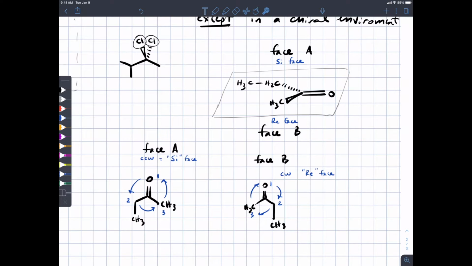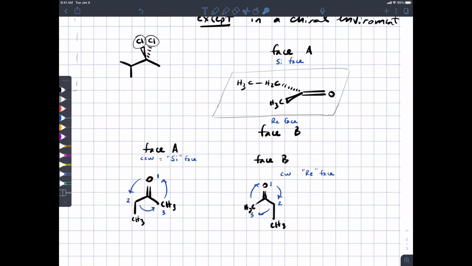Well, if we delivered a hydride from the top, that hydrogen would be pointing out at us, the oxygen would be pointing away, and we would assign stereochemistry, and it would be S. In contrast, if we were to add a hydride from the re face, from below, then we would assign stereochemistry, and it would be R. I'm not sure. You can sort of see that?